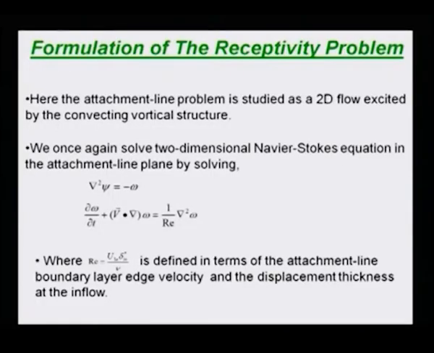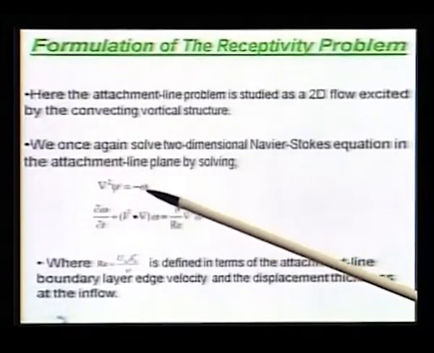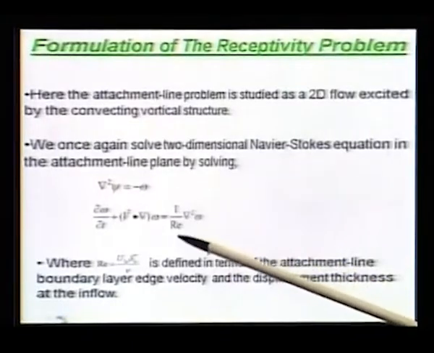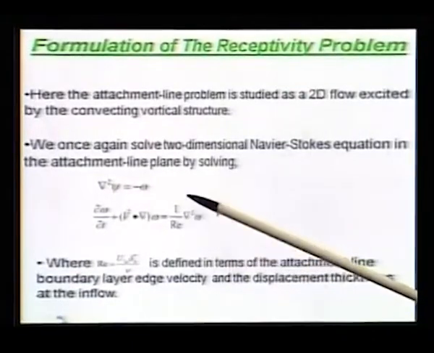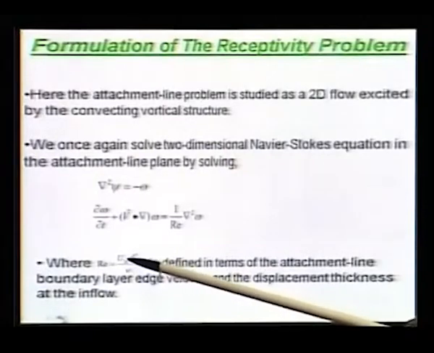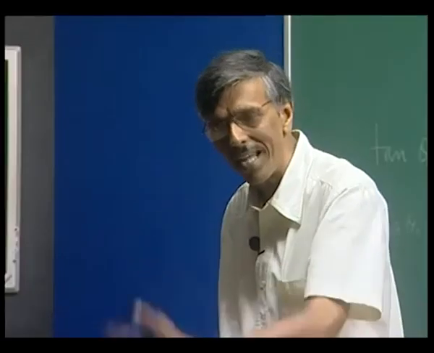So, solve the Navier-Stokes equation. These are the two governing equations, stream function equation and the vorticity transport equation. And here the Re that we are having is defined in terms of the velocity scale, that is given by u1e, if you recall, that is the edge velocity in the streamline fixed coordinate at the edge.